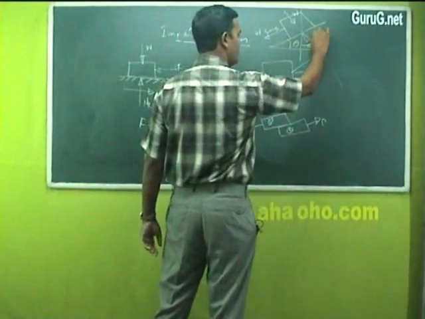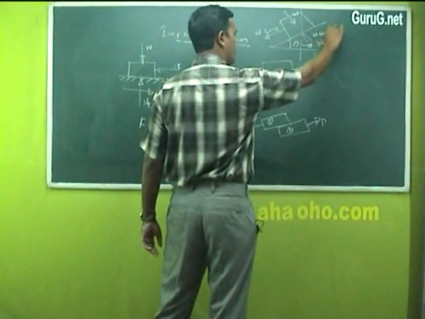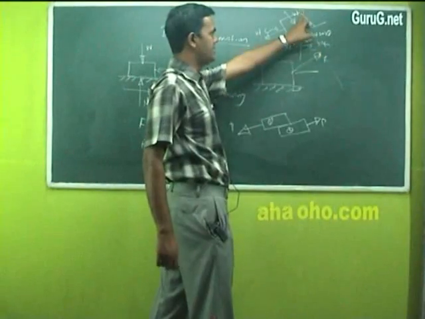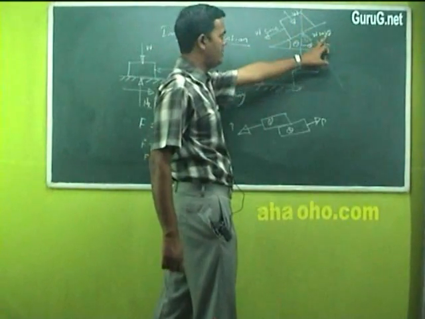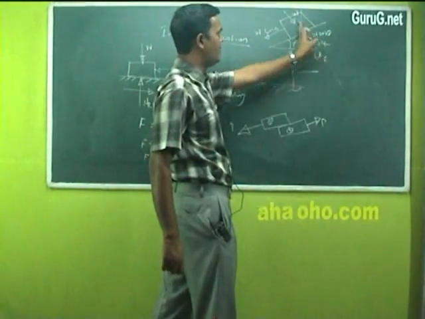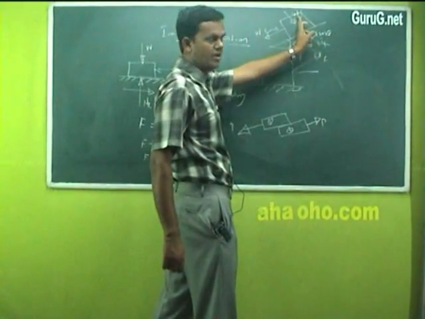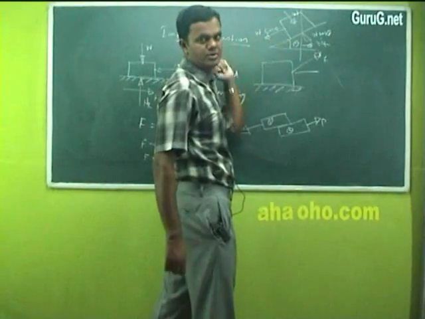And this will be your weight into cos theta. The angle between the normal reaction and this plane will be theta, and W cos theta will always be perpendicular to the plane, and W sin theta will be in the opposite direction.